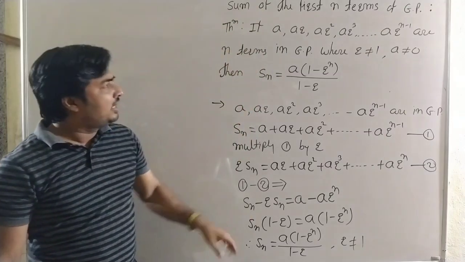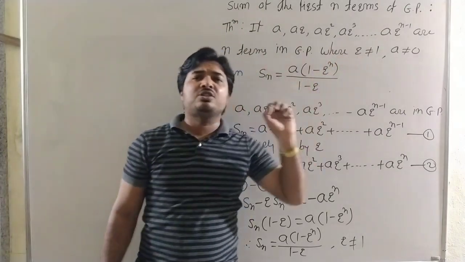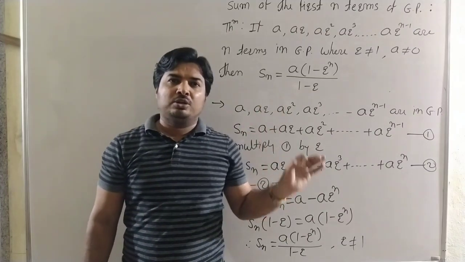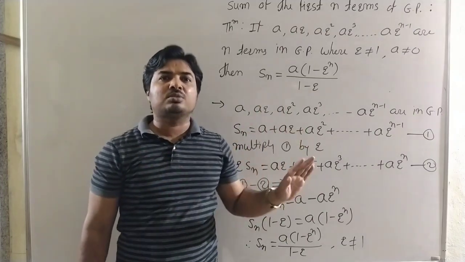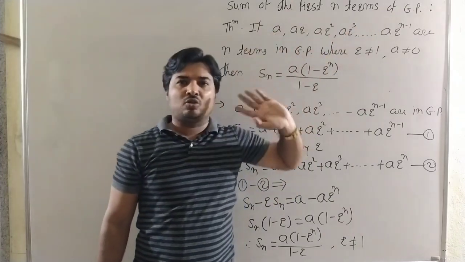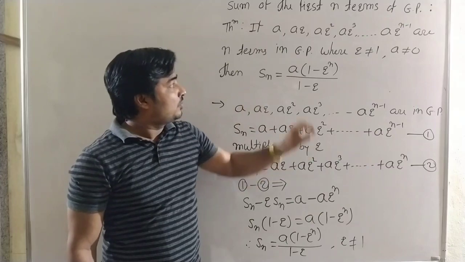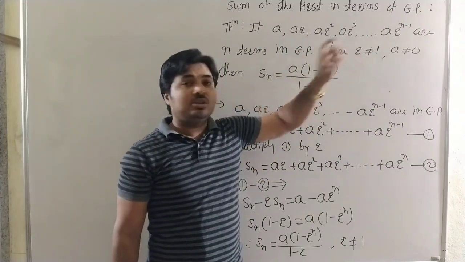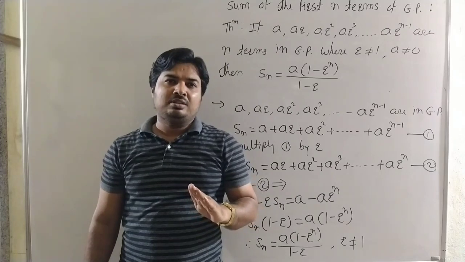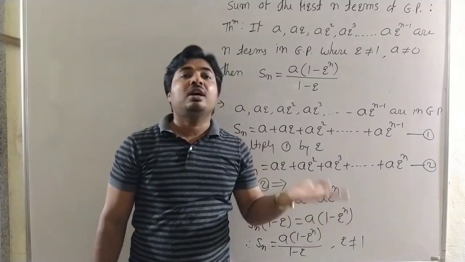Here we take R not equal to 1. If the common ratio is 1, that means all the terms are the same, like 4, 4, 4, 4, 4. Now here we take the common ratio not equal to 1, which means it is either greater than 1 or less than 1.